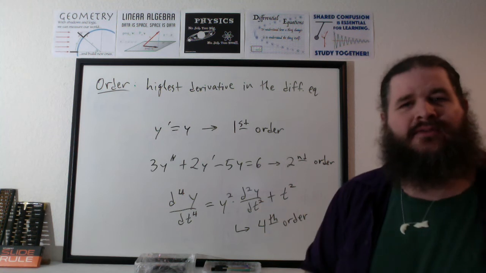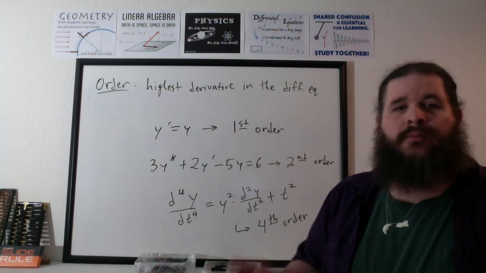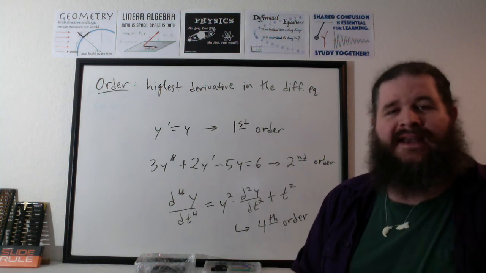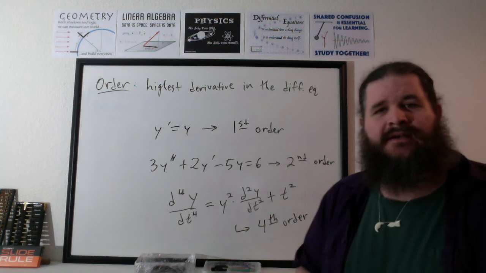So in general, an nth order differential equation will have an nth derivative related to possibly all or any of the prior derivatives as well. So that's the main idea of order.